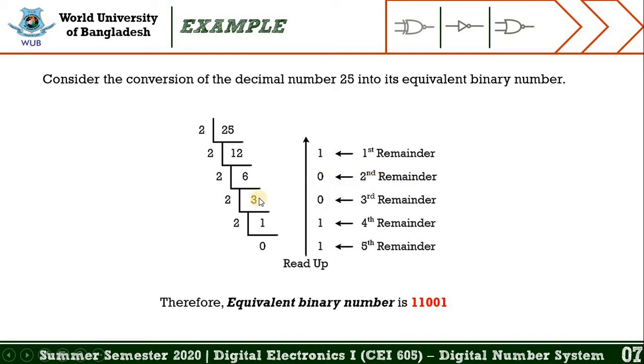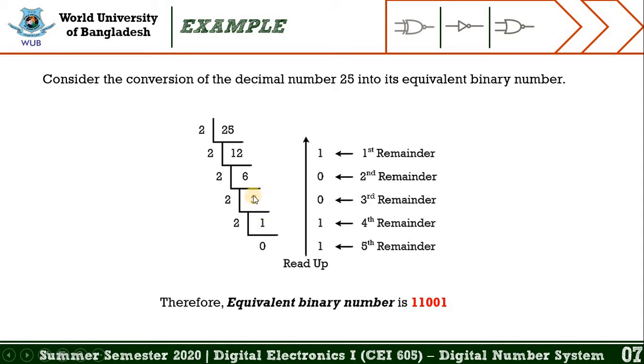Then again we divide 6 by 2, and we get 3 in the quotient part and 0 in the remainder section, which is the third remainder.